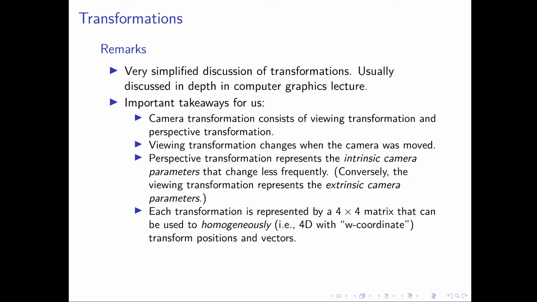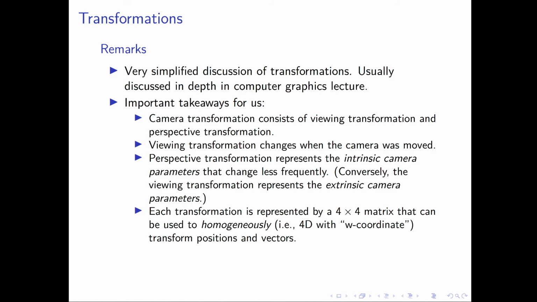Apart from that, there are some important takeaways for us. The camera transform in general consists of two transformations: one is the perspective transformation, and the other one is the viewing transformation. The viewing transformation changes every time the camera moves, and this happens much more often than changes to the intrinsic camera parameters.